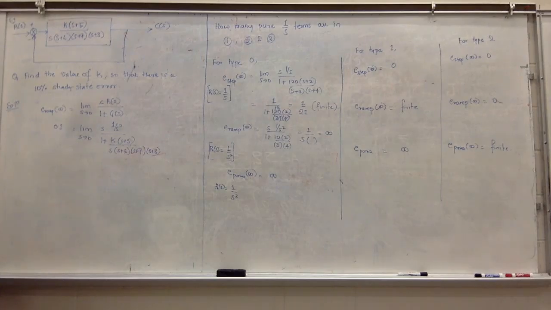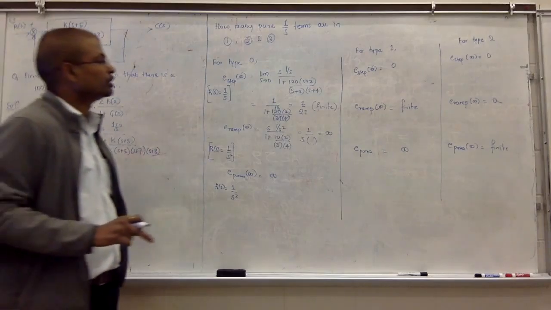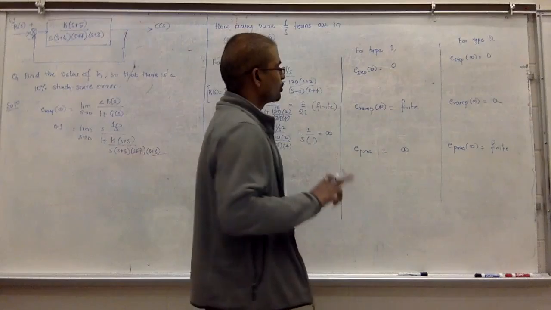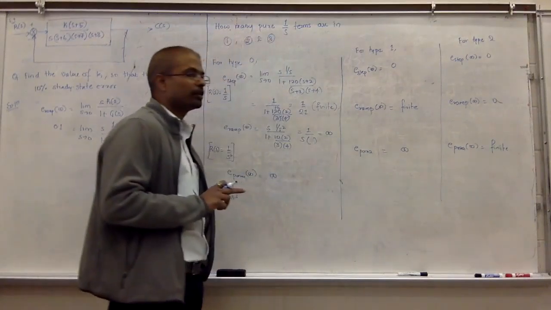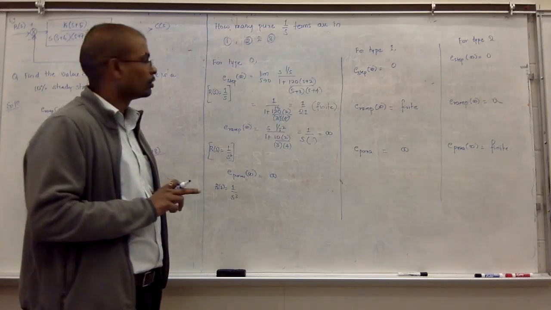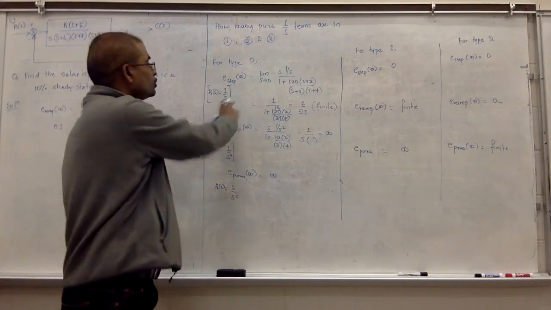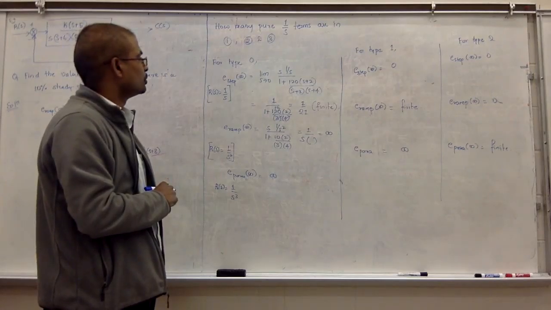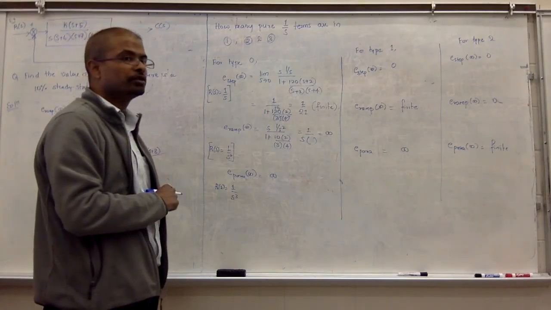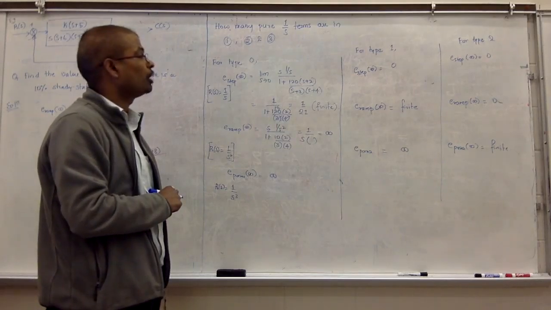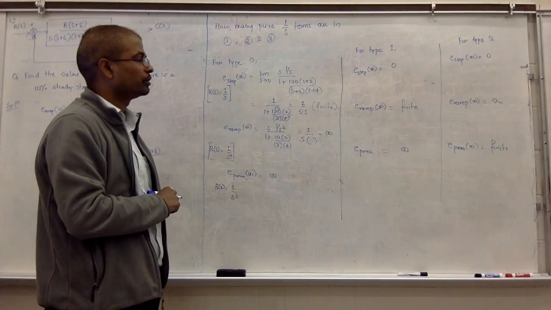Once you know the type, you look at which steady state error, for each type there is only one steady state error which is finite, right? For type 0, what steady state error is finite? The step. For type 1, what steady state error is finite?